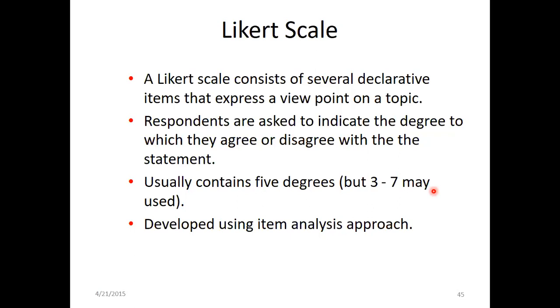Or for a 7 scale, you can subcategorize further, because the 5-point Likert scale has strongly disagree, disagree, neutral, agree, strongly agree. But you can further subcategorize the agree and disagree into 2 more options each.